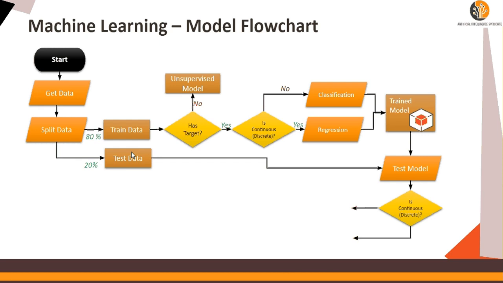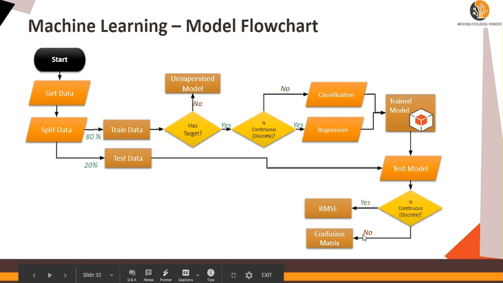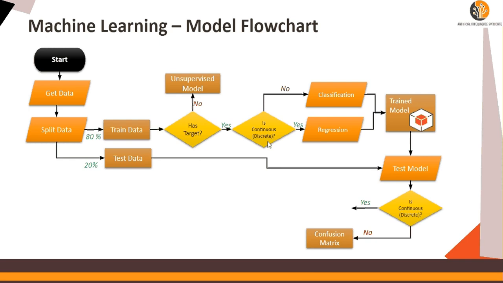If it is continuous, we will use RMSE, and if it is discrete, we will use a confusion matrix. Please note that here I meant continuous or discrete. This is the basic flow, and we will discuss hyperparameter tuning and feature engineering later. So now let's do the splitting of the data set.